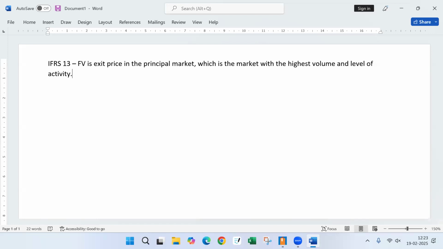But what will be my principal market? Kerala, because that's where the highest demand is. So the market in which I have the highest demand is called the principal market. It is not dependent upon the volume or level of activity of the reporting entity's transactions, but rather the market as a whole.